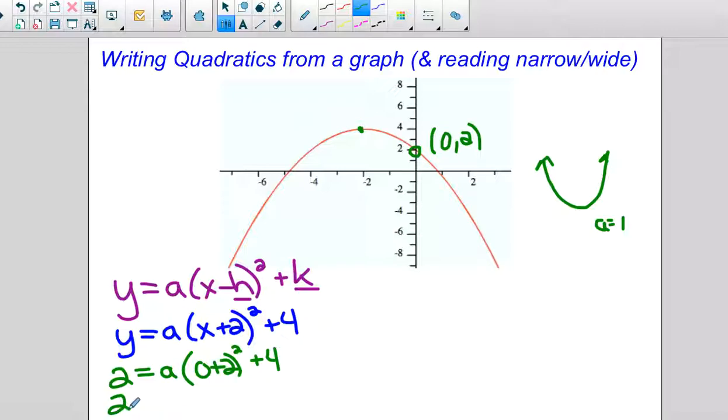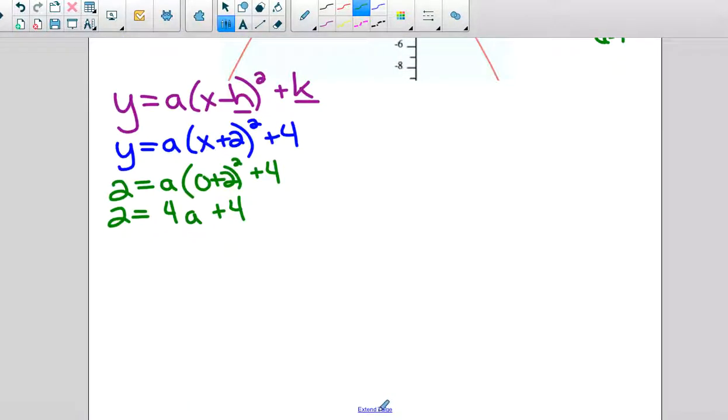So I'm going to get 2 equals 4a plus 4. But you can't combine these. They're unlike terms. So I'm going to subtract the 4 off, which gives me -2 is equal to 4a. And if I divide by 4, I get -1/2 equals a.